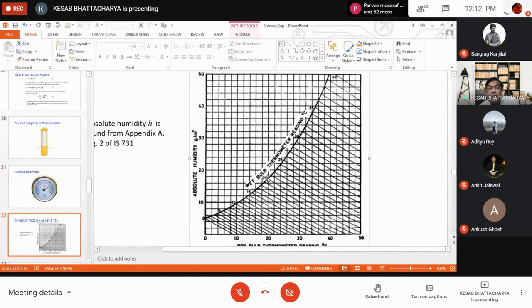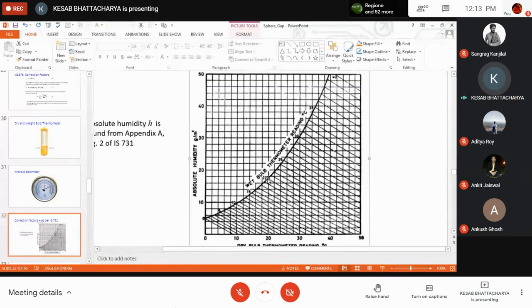Then this is the 20 degree wet bulb thermometer reading line, inclined line, and this is the 20 degree dry bulb thermometer reading. Their intersection will be at this point. From this point, you have to move horizontally and meet this axis. There, you find out the value of absolute humidity in gram per meter cube. Is that clear now, H?